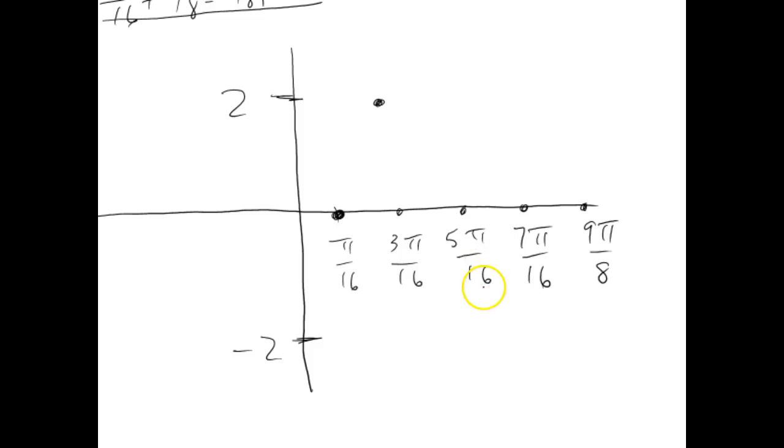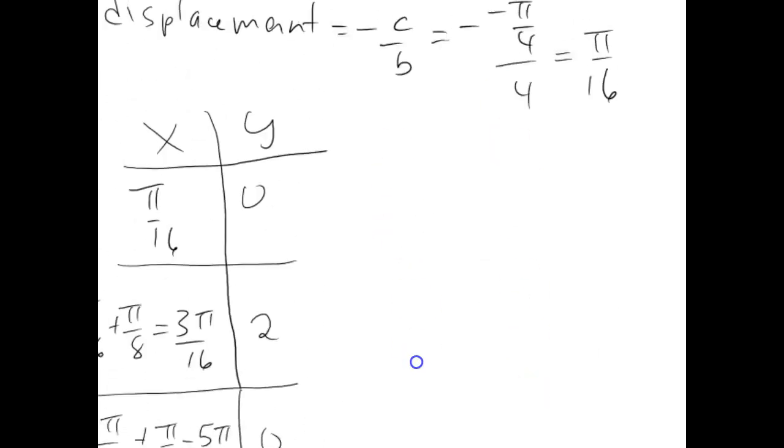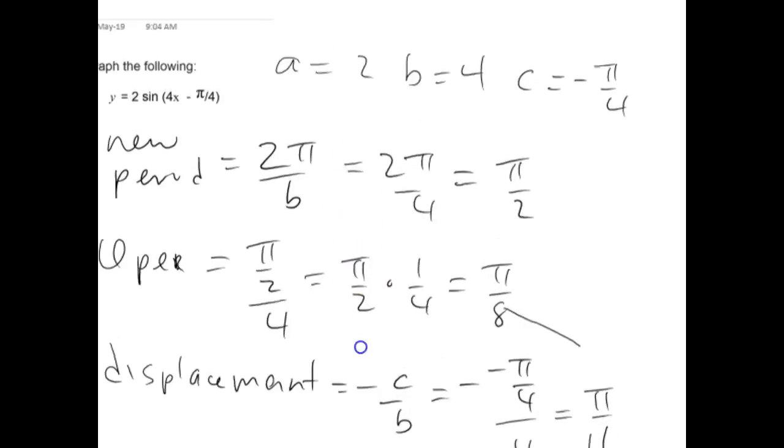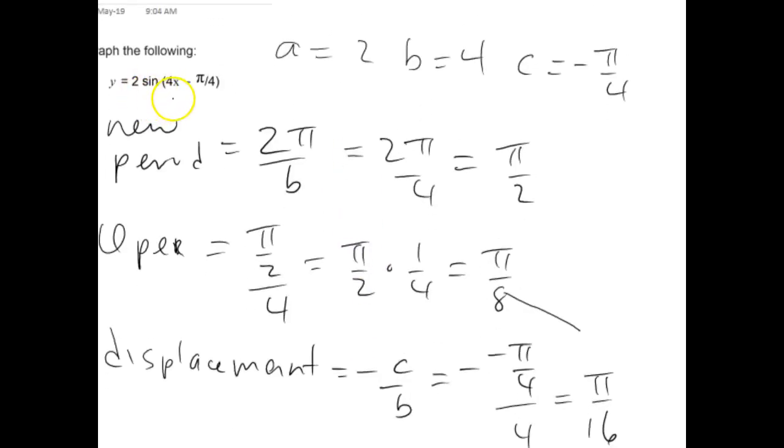At 5 pi over 16, my y value was 0. At 7 pi over 16, my y value was -2. At 9 pi over 16, my y value was 0. So we literally just take our pen and we make one period of our sine curve. And that's how you draw the graph of y equals 2 sine of 4x minus pi over 4.